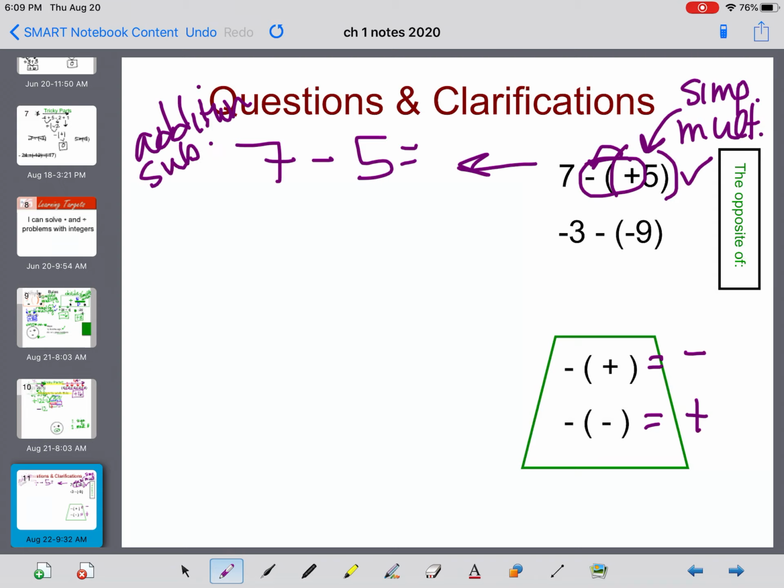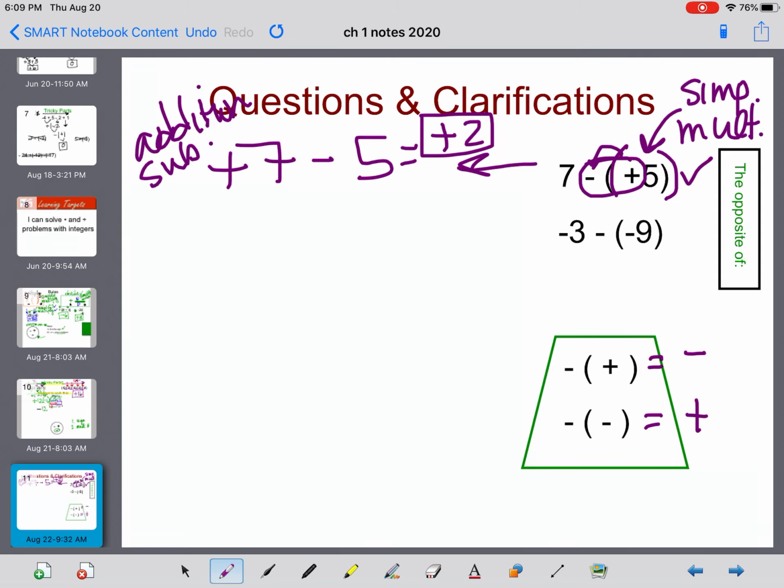I can do the addition and subtraction now. And because we talked about party and battle, this makes this a really easy problem, right? This is a positive 7 combined with a negative 5, so this is a battle, and the positives are going to win by how many? 2.